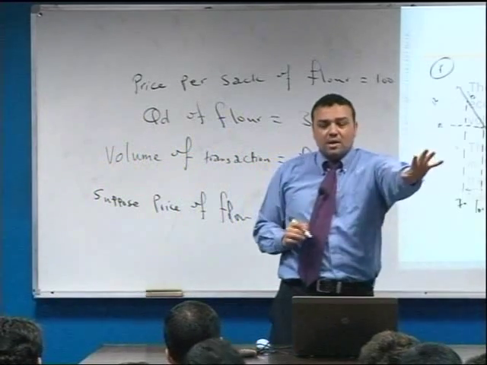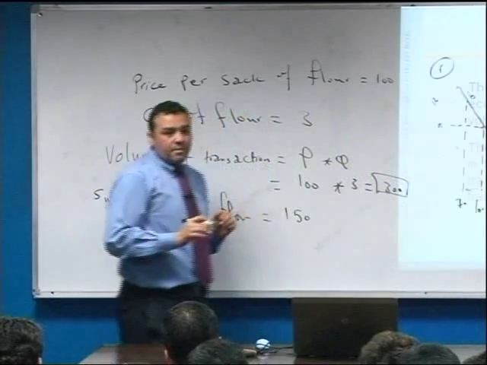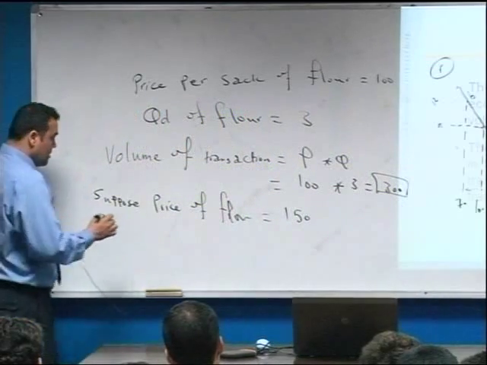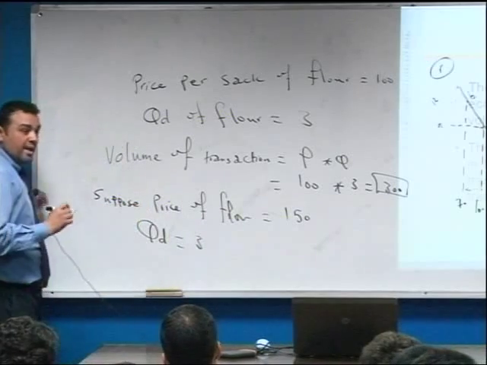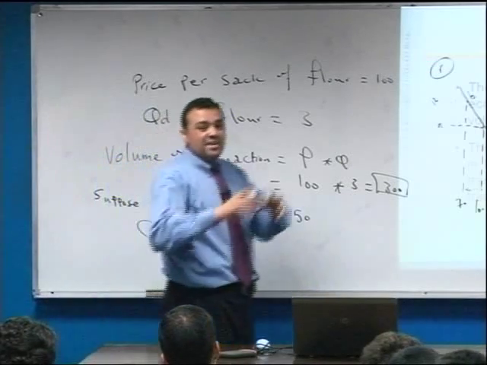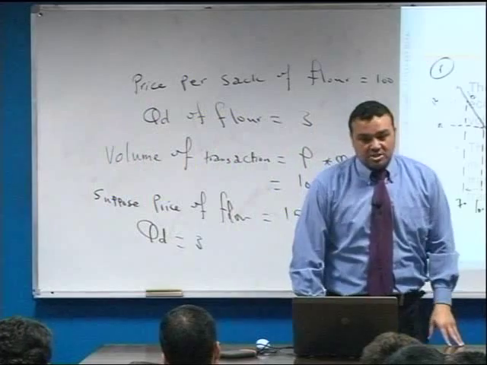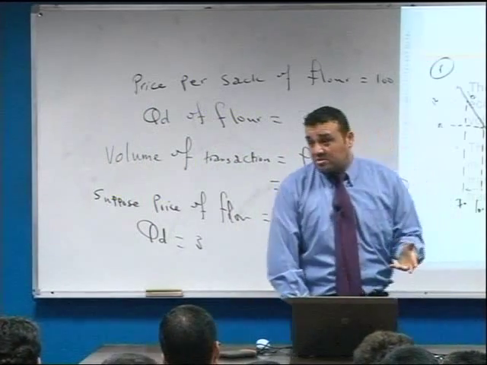Okay. And the quantity purchased remains constant. Well, Q_D remains constant at 3. Now, how much is the new volume of transaction? It would increase, right?